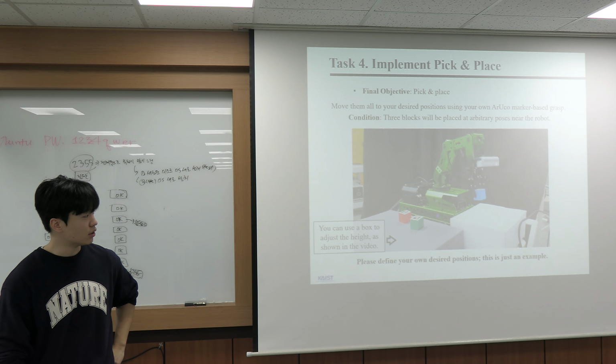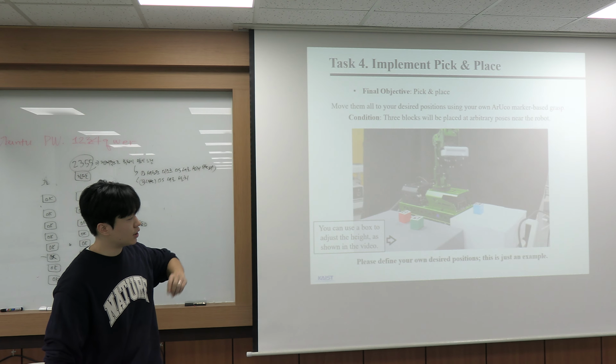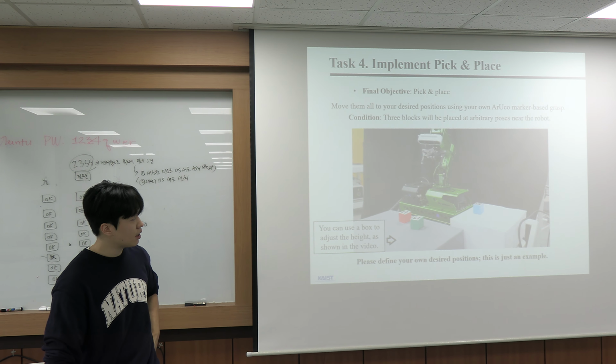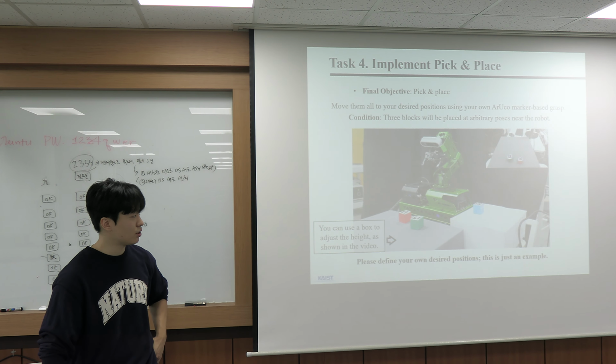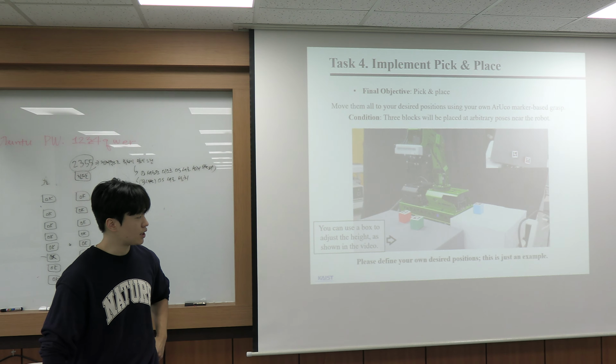And then place them at the target position. You can use the big box shown here to adjust the height of the three boxes. And you can define your own desired position and make sure to complete the whole pick and place procedure.